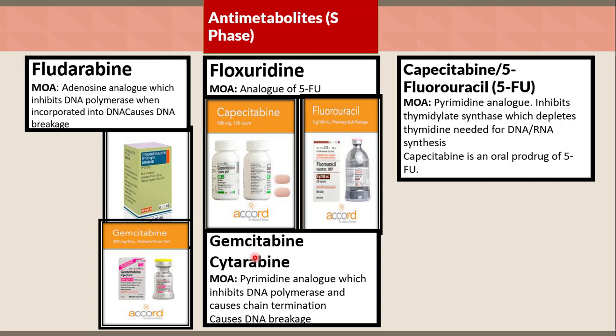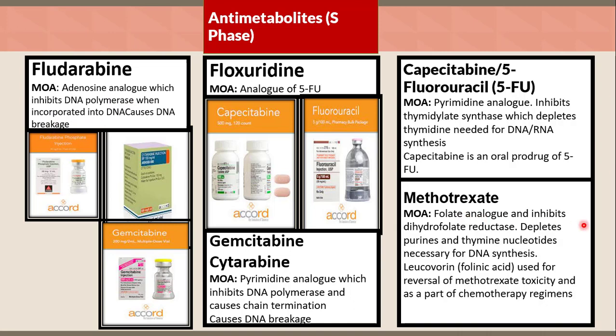Fludarabine, adenosine analog, inhibits DNA polymerase and, when incorporated into DNA, causes DNA breakage. Methotrexate, folate analog, inhibits dihydrofolate reductase, depletes purine and thymidine nucleotides necessary for DNA synthesis.